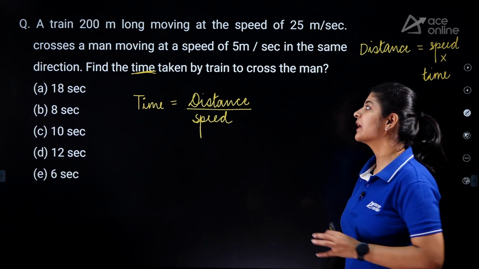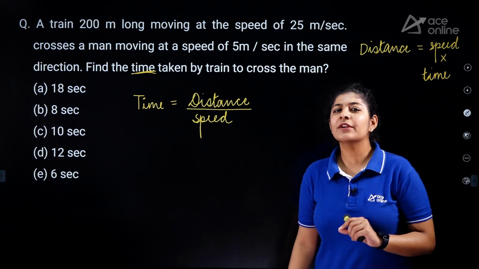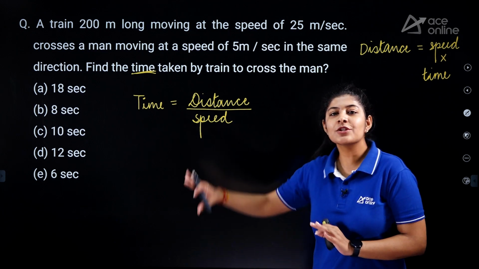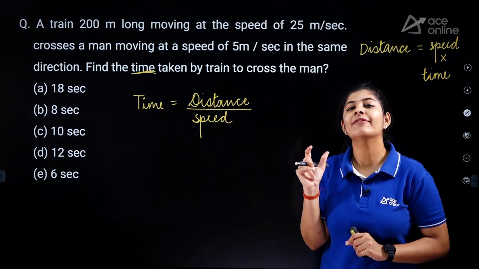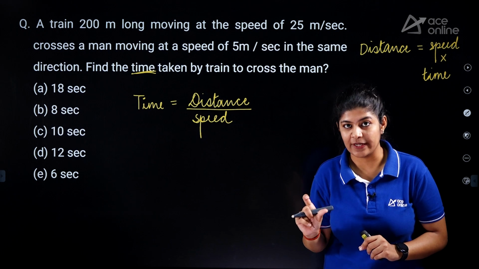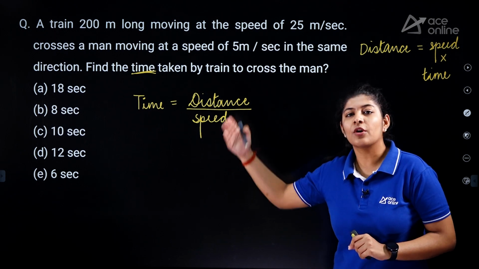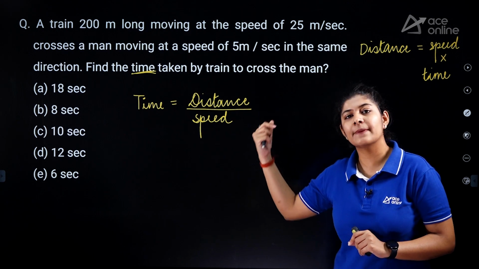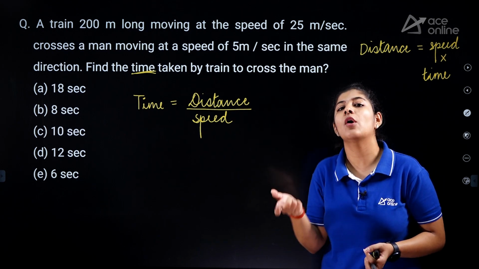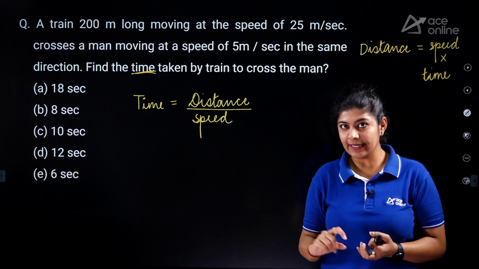Is it clear? Okay. Now, whenever you have problems based on this topic, you have to take care of the units as well, right? In this question there's no issue, but I'm talking about other questions from this topic.